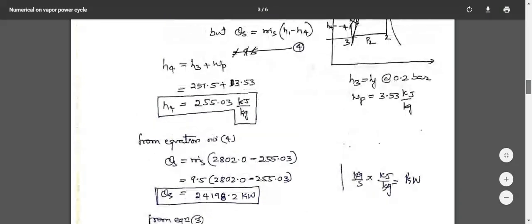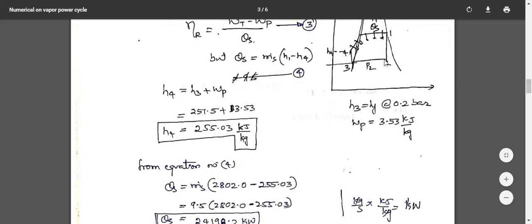H2 is 2013 minus H3 is 251.5. You can ask, why H2 minus H3, sir? It is because it is a perfectly horizontal process. 2 to 3 is a horizontal process at the same pressure. Both point number 2 and point number 3 are at constant pressure, that is 0.2 bar. But we have written H2 minus H3.